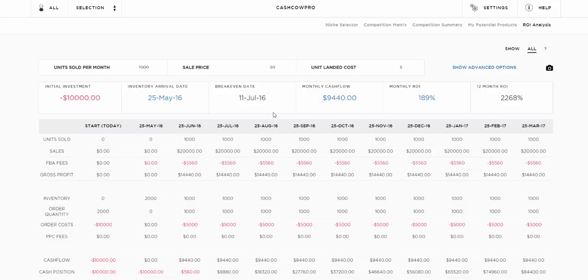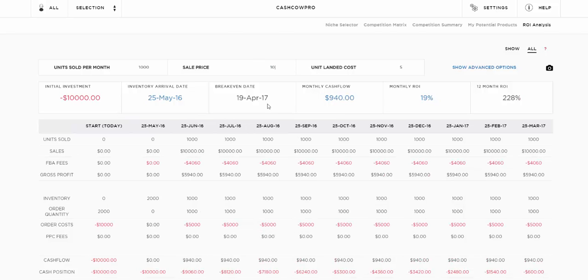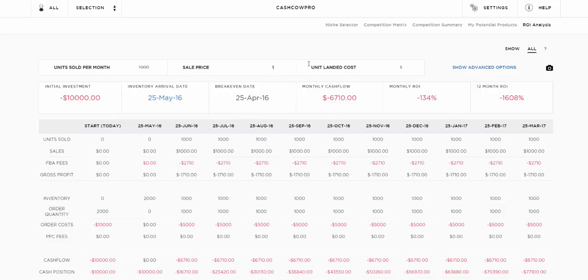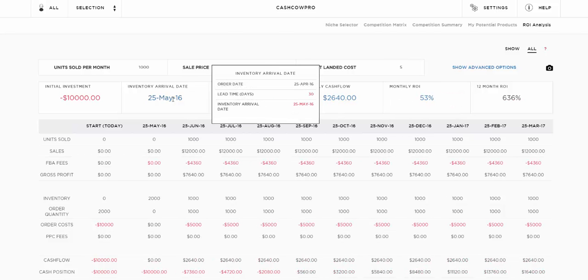Again, this is just an estimate, but it's very useful because, for example, if my sales price was 10, it's going to take over a year for me to get my money back. If my sales price was 12, it's going to take from April till September to get my initial $10,000 back. It's a great indicator as to whether the product you're considering is actually a good market or not.